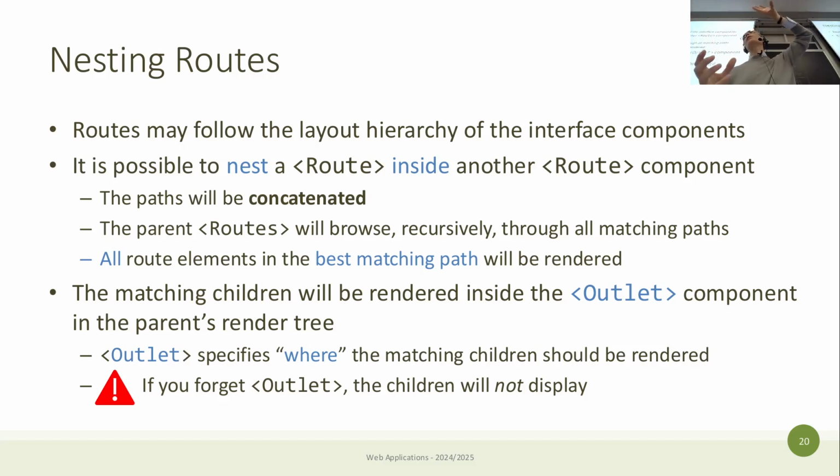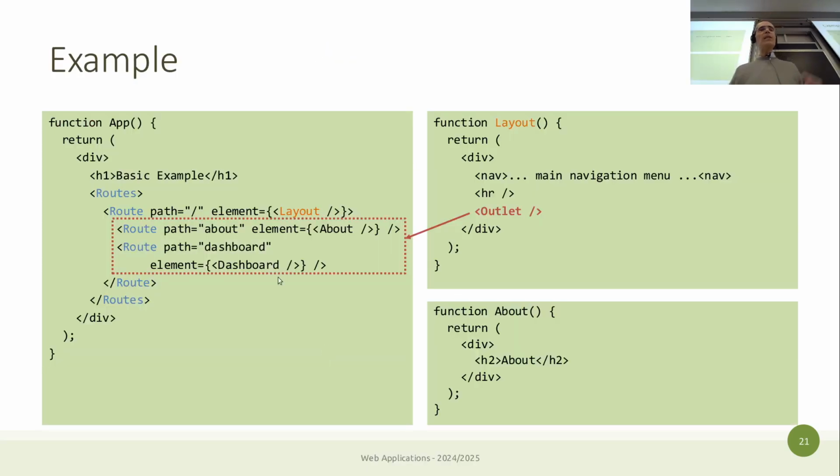You render the outside and you render the inside. The point is that the inside is rendered inside a specific component you put in the outside part. We will see an example, okay? Just remember that if you forget outlet, the inside part will not be rendered. But I mean, when you are experimenting in the lab, it's easy to see the problem because something is not rendered. Very simple, okay?